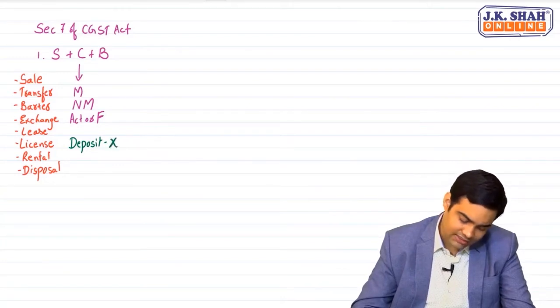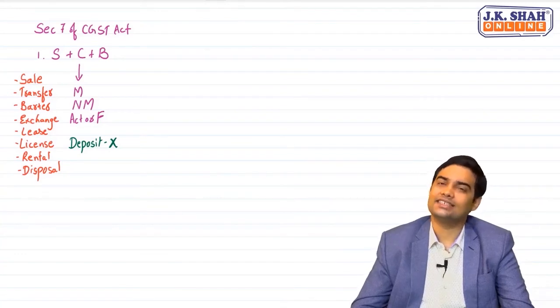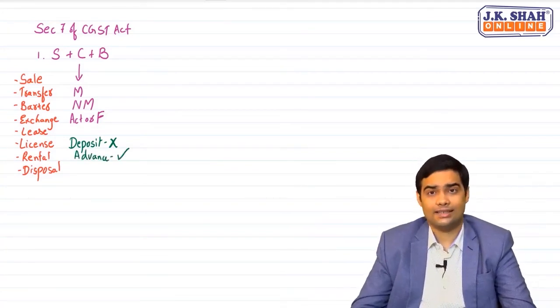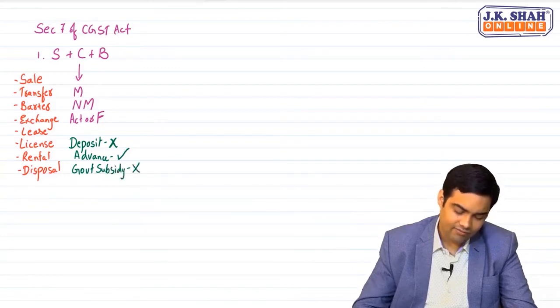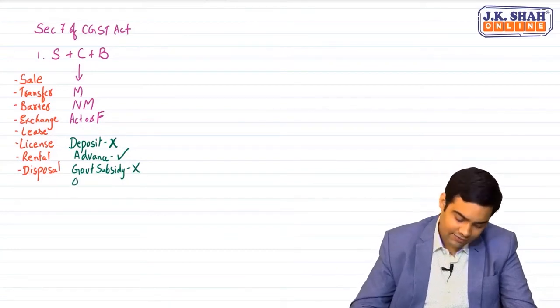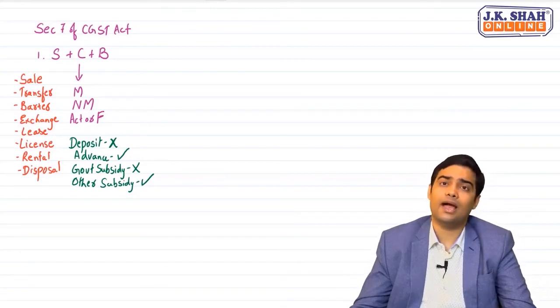Deposit is not considered as part of consideration unless it is adjusted by the supplier. But when we talk about an advance payment, yes, it is a consideration for the supply. When we talk about government subsidy, the law has clearly stated that government subsidy will not be considered as a consideration. While if there is subsidy received from any other person, then it would form part of consideration. That means GST would be applicable on such other subsidy. Understood?